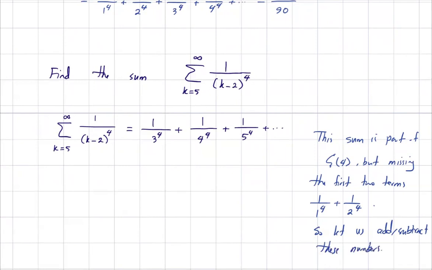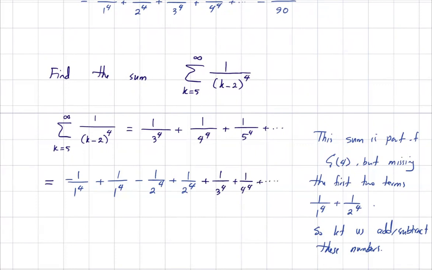So this sum can be written as, here we go, I'm going to write down negative 1 over 1 to the 4th, which is just 1. And for the sake of the pattern, I'm going to write down everything. Minus 1 divided by 2 to the 4 plus 1 over 2 to the 4 plus the rest of the terms of this series, which is 1 over 3 to the 4th plus 1 over 4 to the 4th plus the rest of the terms.